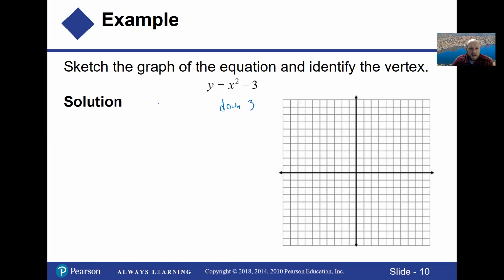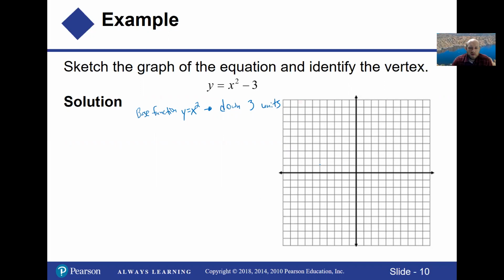That means the base function, y equals x squared, shifts down 3 units.